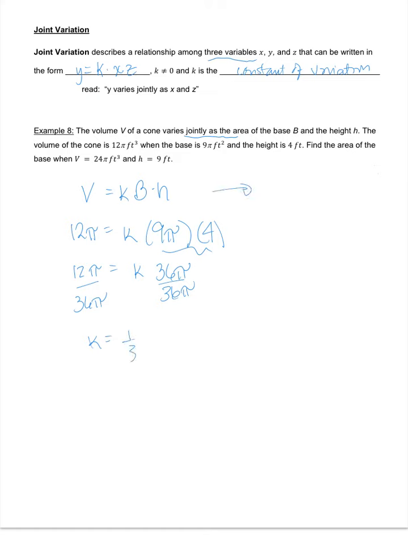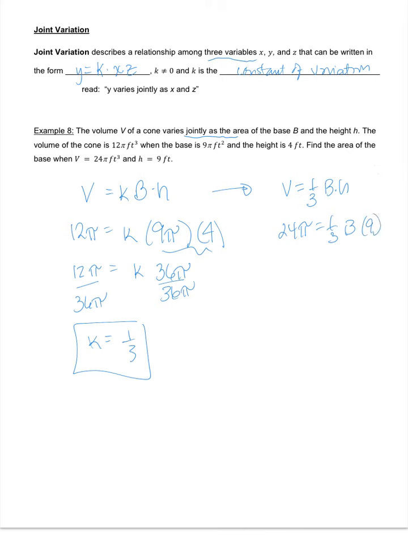Now I'm going to substitute that back into the equation, substituting in for the constant of variation K we just found, and I can answer the problem. Find the area, so we're finding B, when the volume is 24 pi and the height is 9.